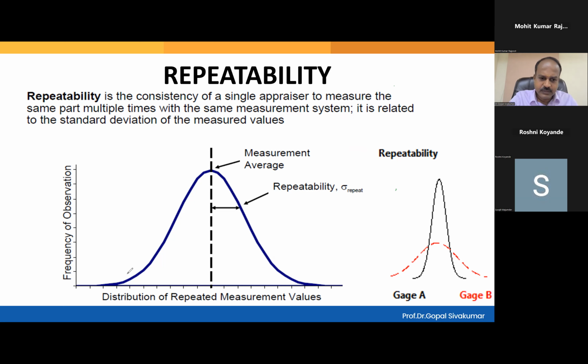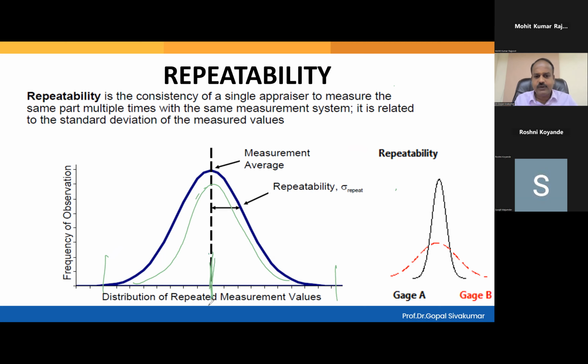See here, this is your data, right? Your curve. Can you see your curve? The curve represents your data. The lowest is on the left side. Can you see the lowest of your readings? The highest value is here, and here is the average. This dotted line is the average.